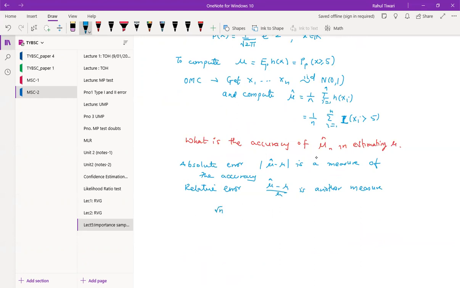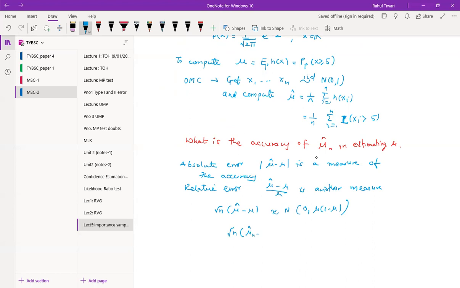So root n times mu hat minus mu will be approximately, by the central limit theorem or the law of large numbers, one can say that this follows a normal distribution with mean 0 and variance mu times 1 minus mu, right? And it is a degenerate distribution.